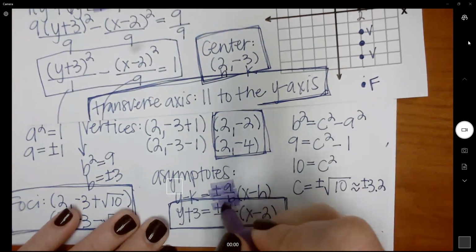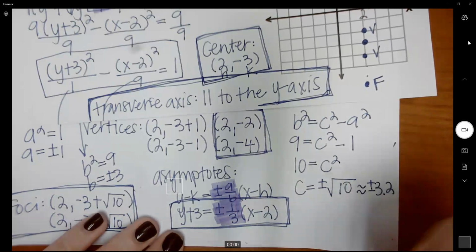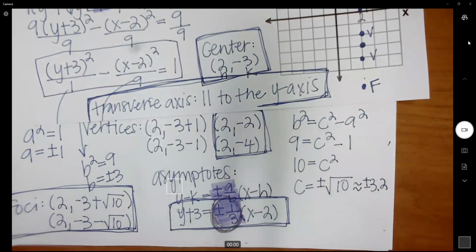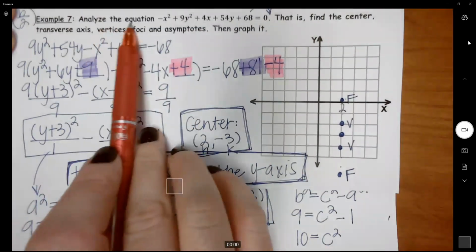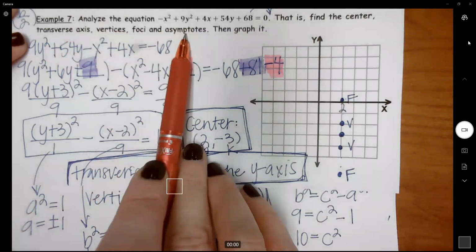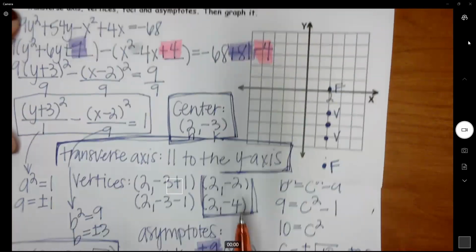And so this is the slope right there, positive, negative 1/3. All right, this is a heck of a problem. We have analyzed the equation by finding the center, the transverse, the vertices, the foci, and the asymptotes, even though you probably only need the slope here, plus or minus 1/3.